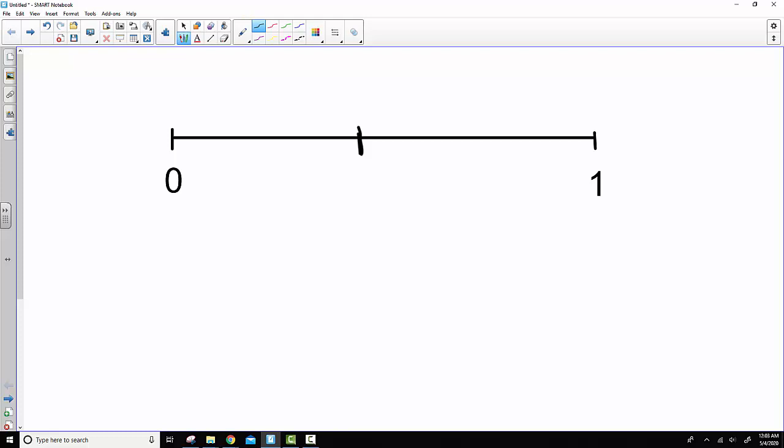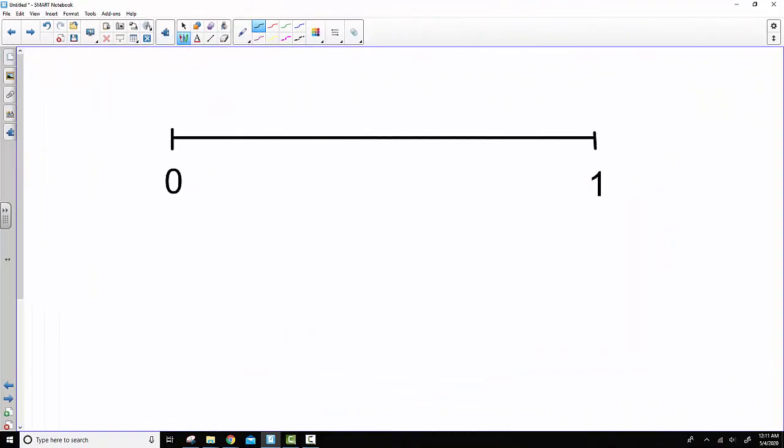Looking carefully from left to right, you can see there's 1, 2 segments in between 0 and 1, and pretending that this mark is exactly in the center of those two spots, of course we would have 1/2. So this line segment is divided into halves. 0, 1/2, 1.